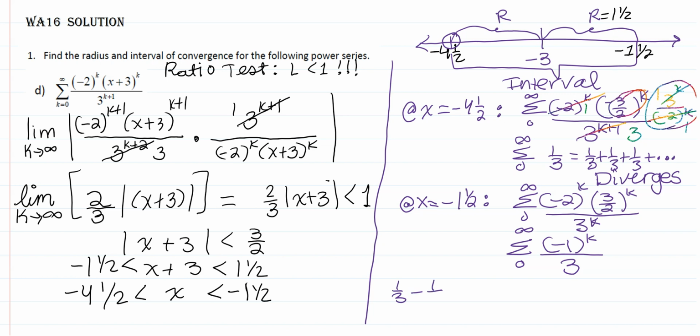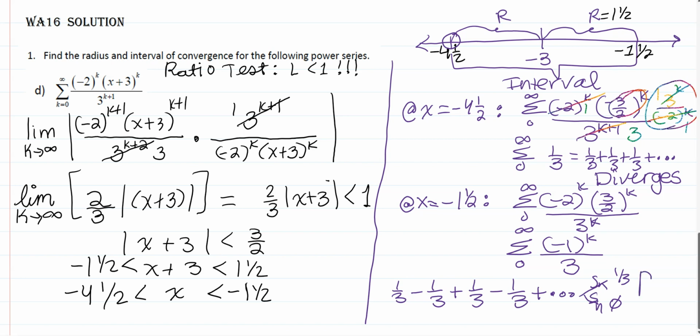So this series is going to be 1/3 minus 1/3 plus 1/3 minus 1/3, and so on. So the sequence of partial sums is going to start at 1/3, and then it's going to be 0, and then it's going to be 1/3, 0, 1/3, 0. So the partial sum S_n is bouncing between 1/3 and 0.